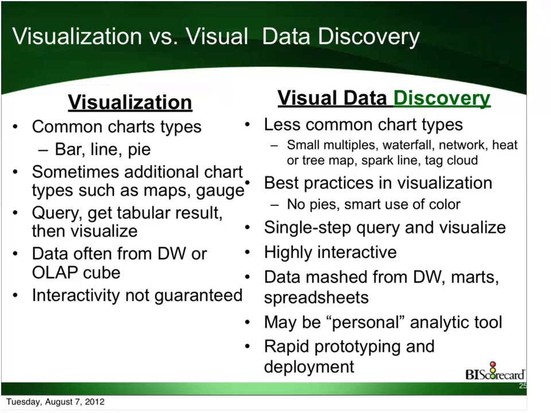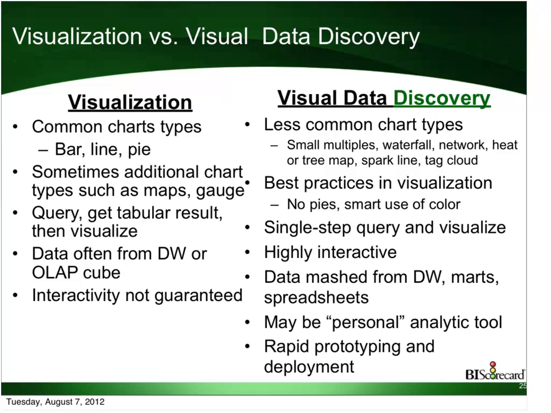So some of the differentiating characteristics from a visual data discovery vendor is that they support the less common chart types, things like a small multiple, a waterfall, a network, a heat or tree map, sparkline, tag cloud, the scatter plot, for example, that Brett showed. They also follow some of the best practices in visualization.